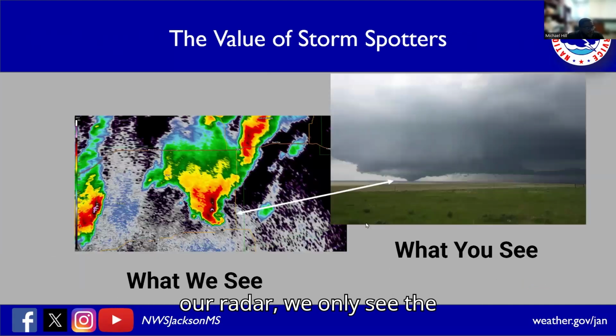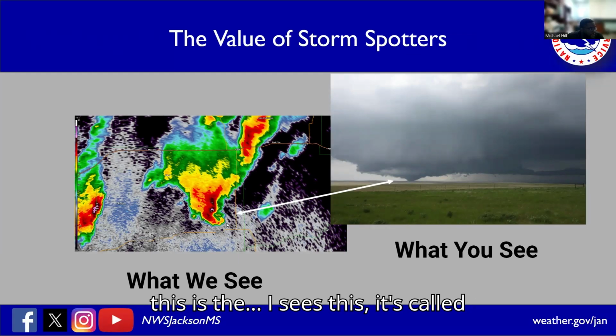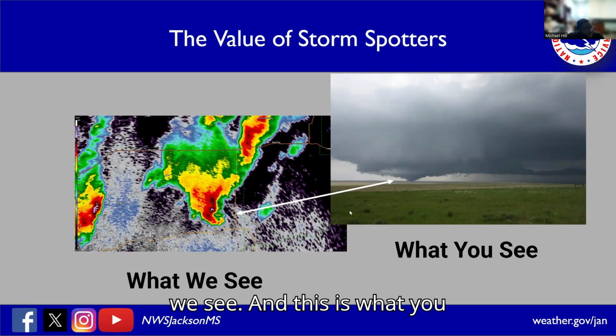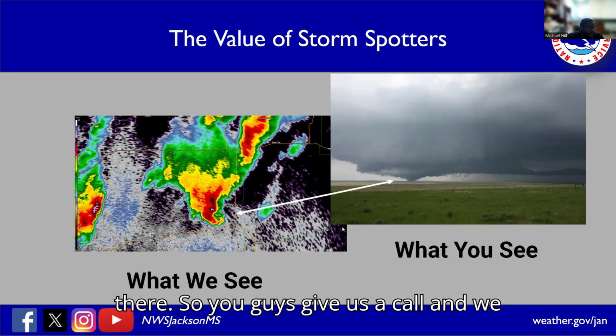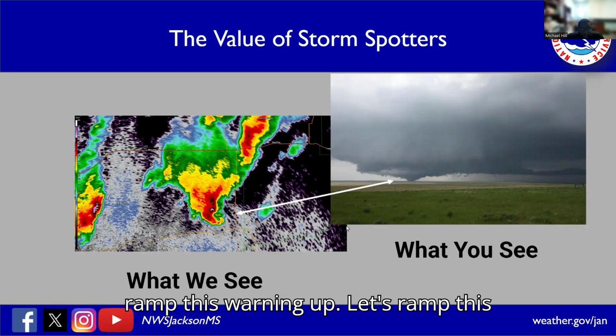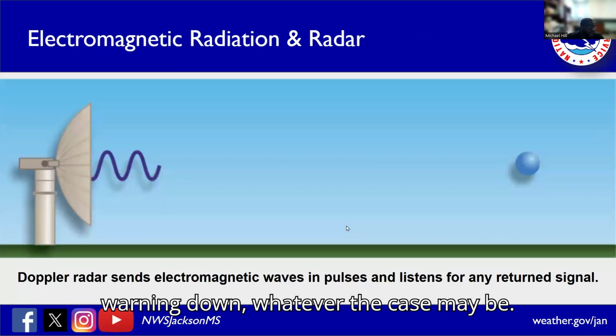So when we get our radar, we only see the mid and upper levels, and that's what this is. The device sees this. It's called reflectivity off of radar. This is what we see, and this is what you can see. Say, oh, there's a tornado there. So you guys give us a call, and we can say, oh, okay, there's a tornado. Let's ramp this warning up. Let's ramp this warning down, whatever the case may be.